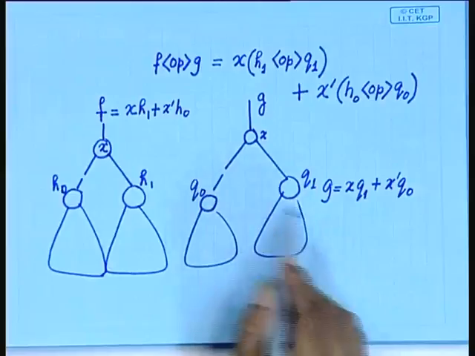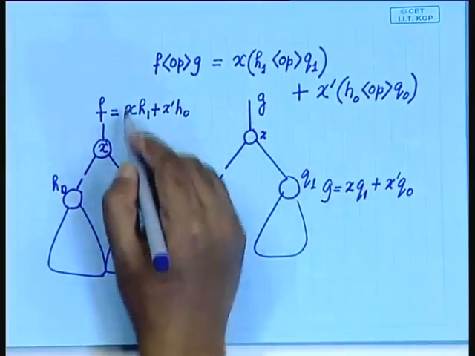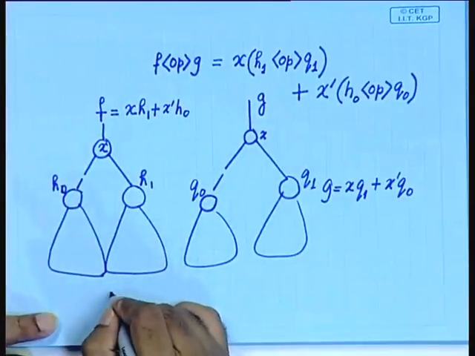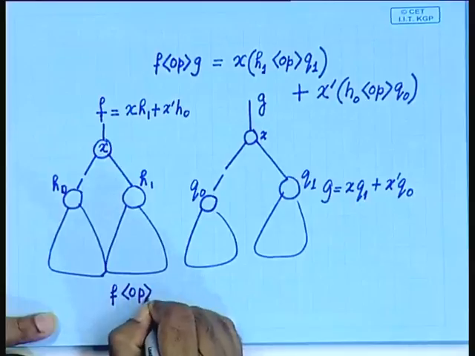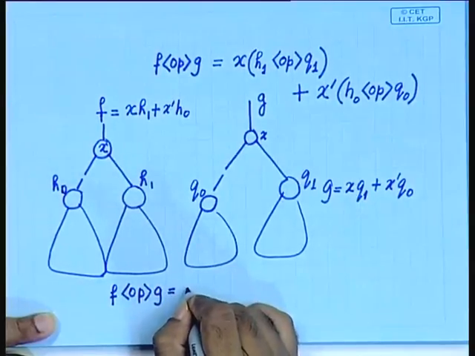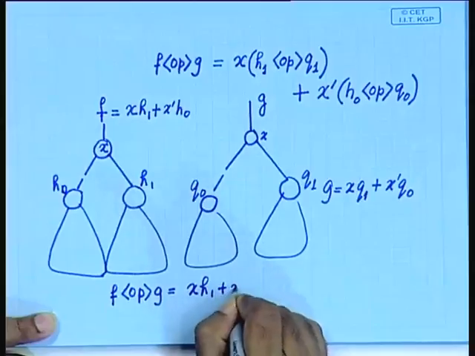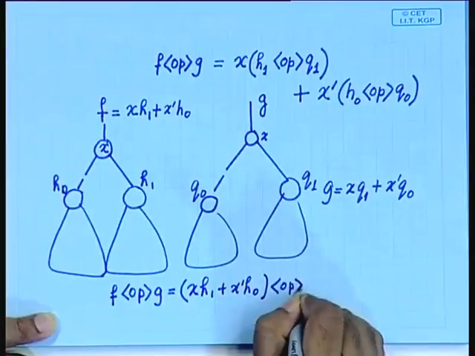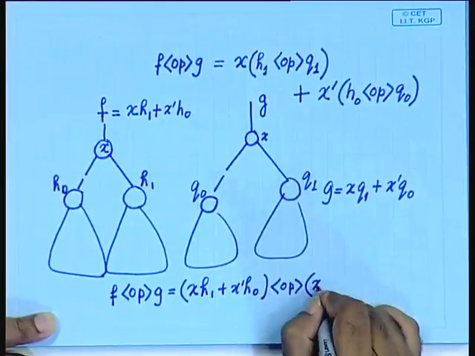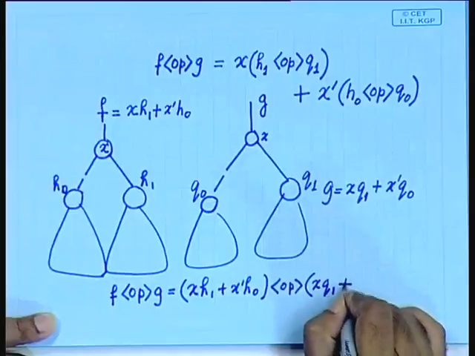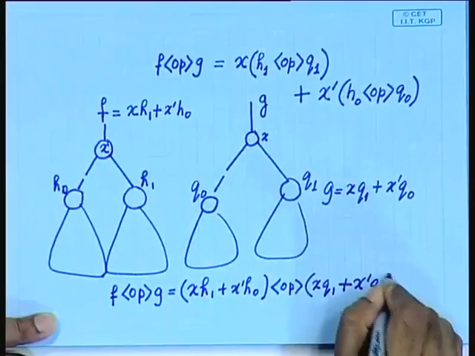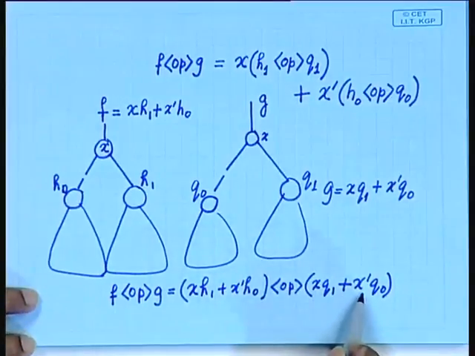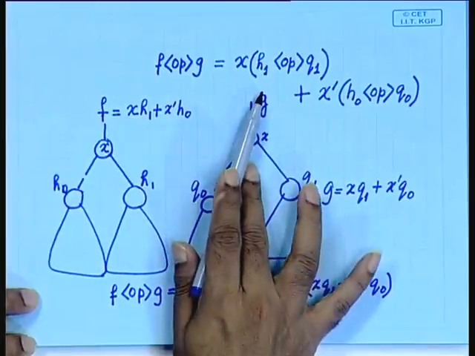Now, when you do f op g, then it is x h1 plus x bar h0, op, x q1 plus x bar q0. And now, since these are complementary, I can reduce that to this.